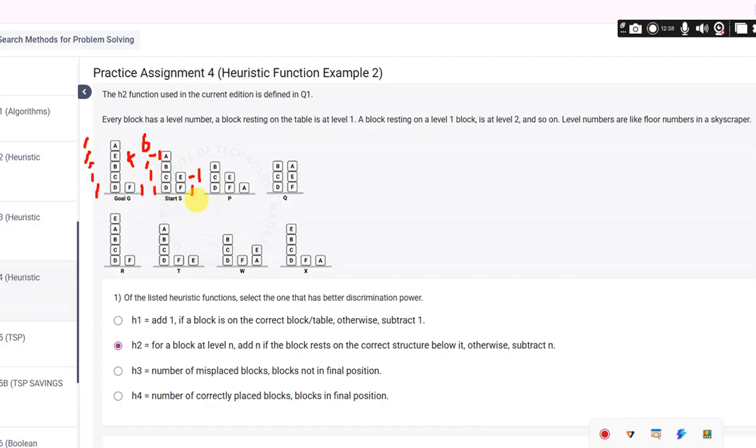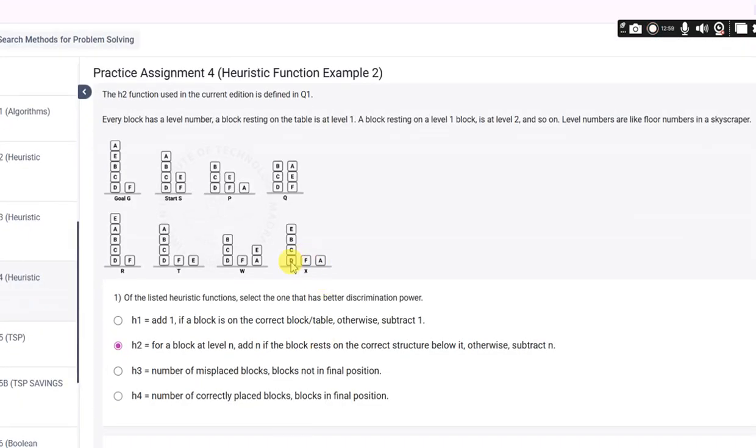So plus 4 minus 2, this will be 2. Like this, the H1 values will be 6, 2, 2, 2, 2, 2, 2, 2, and at the last it will be 4.